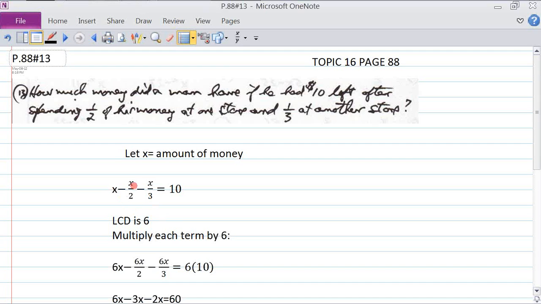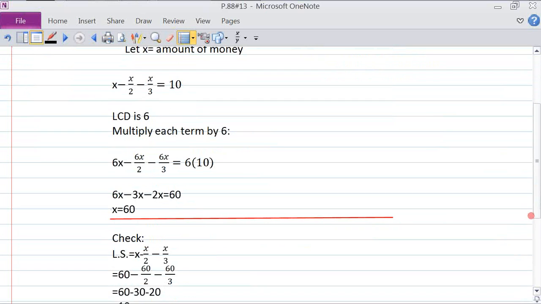So x minus a half, a half of his money is a half x. A third is x over 3. So we have x minus x over 2 minus x over 3 is 10. We multiply the 2 times the 3, so we get 6 as the LCD. We multiply each term by 6. 6 times x gives us 6x. 6x over 2 gives us the minus 3x.